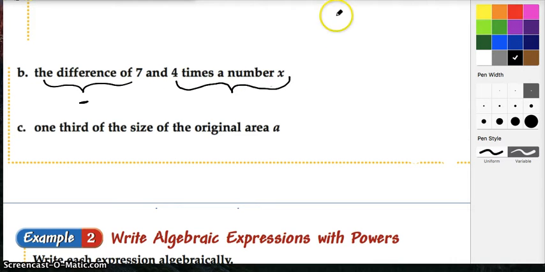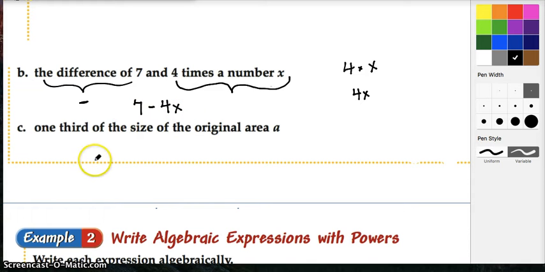Well, in algebra, we don't need to write 4 times the number x. We're just going to write 4x. The multiplication here is implied. So what I'd write here is 7, the difference of 7 and some other number, 4 times the number x, and I'd write it just like that.